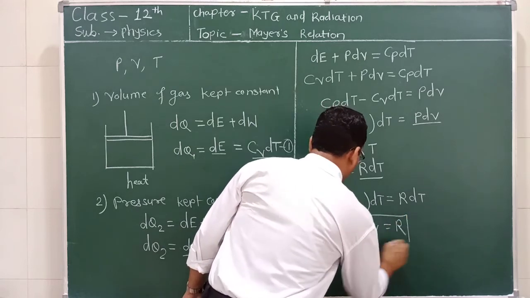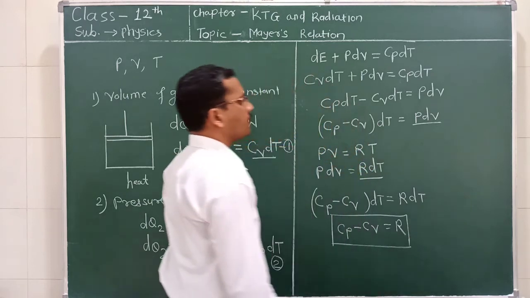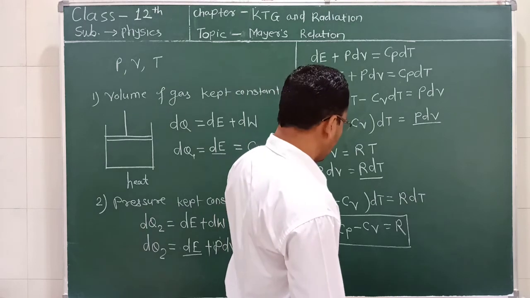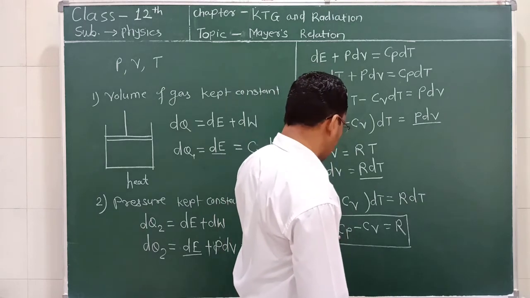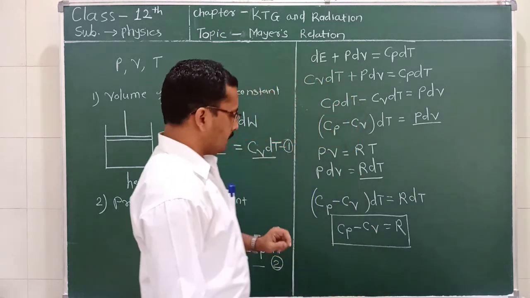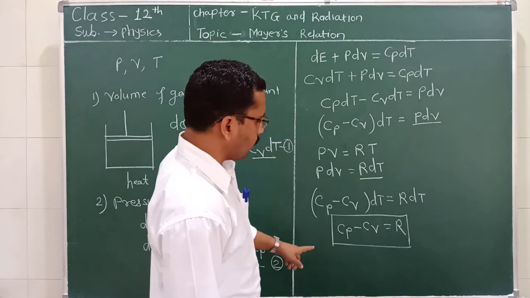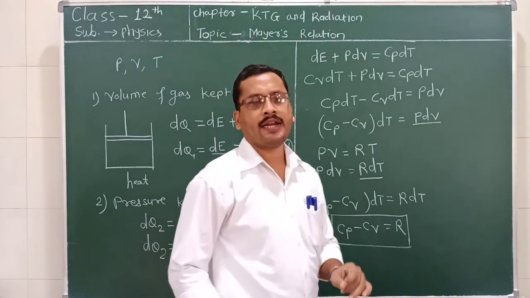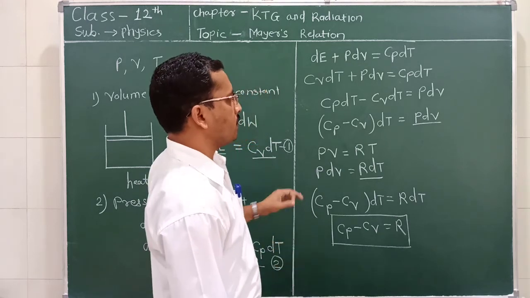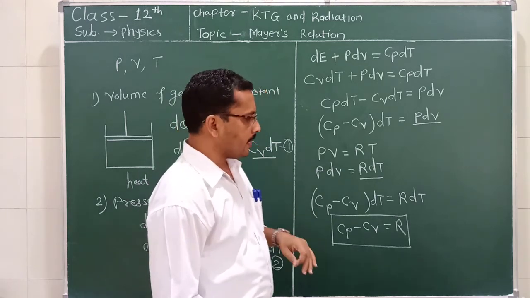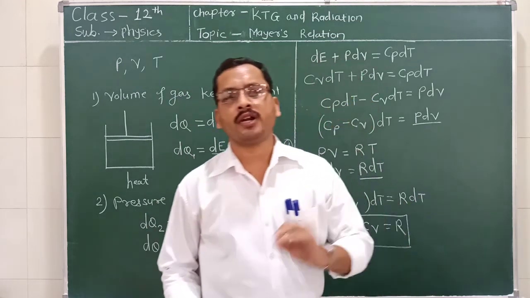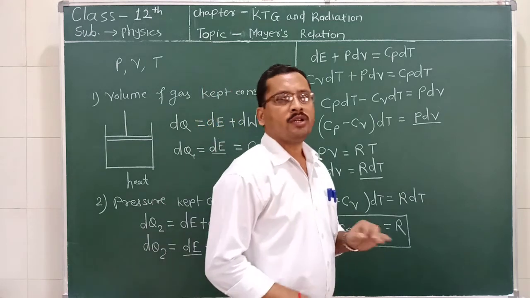This equation is called Mayer's relation, by which we can determine the value of specific heat at constant pressure as well as constant volume. This relation is applicable only when the heat supplied and the work done are in the same system of units, but generally the heat supplied is given in calories and the work done is given in joules.